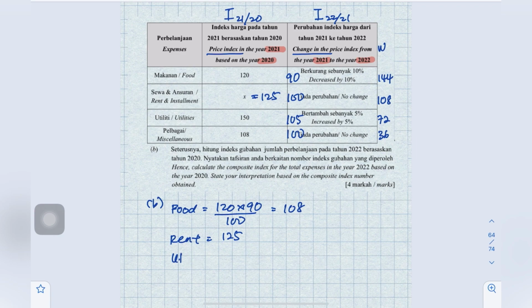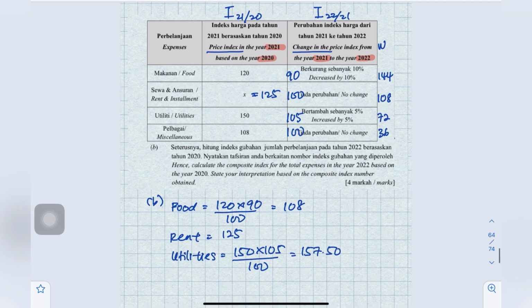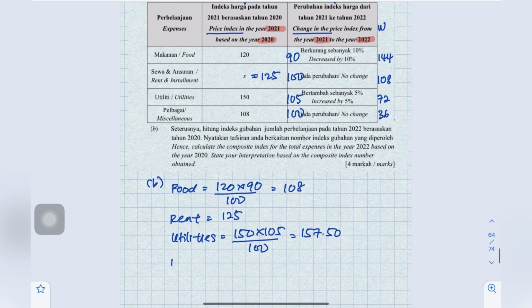Then utilities: 150 times 105 divided by 100, which gives 157.50. Then miscellaneous, no change.